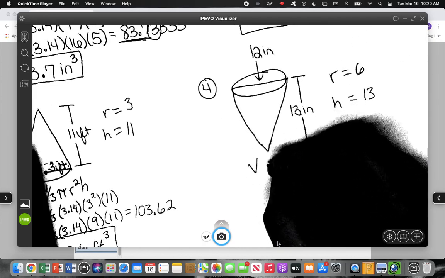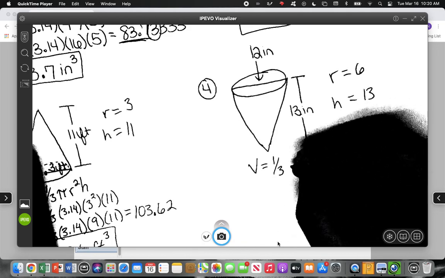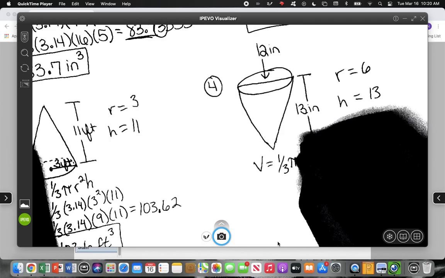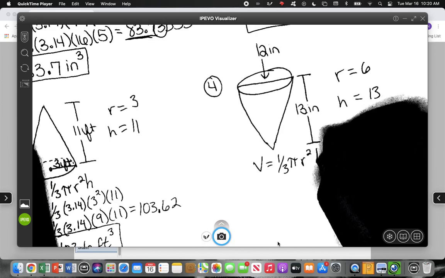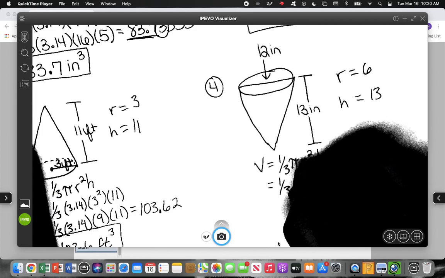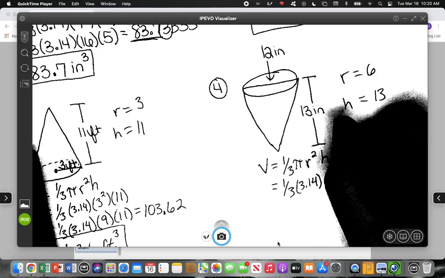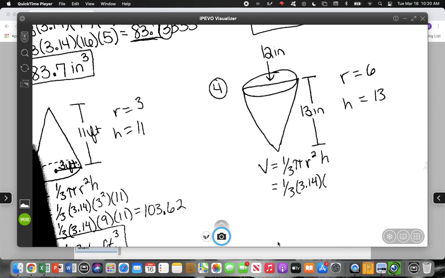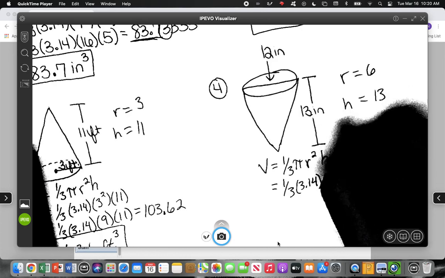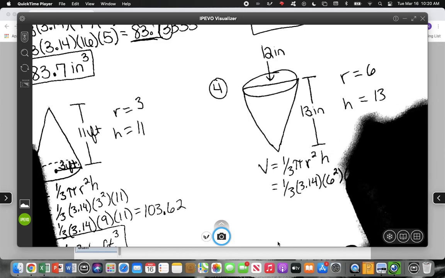All right. Our volume formula is 1/3 times pi times r squared times h, right? All right, so I'm going to use 3.14 for pi. And then what do I put in for r? 6. All right, and then we have to square it. And then times our 13 for the height.